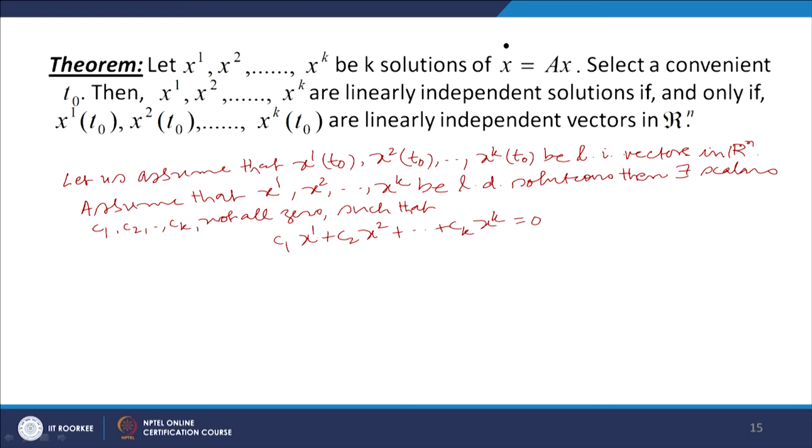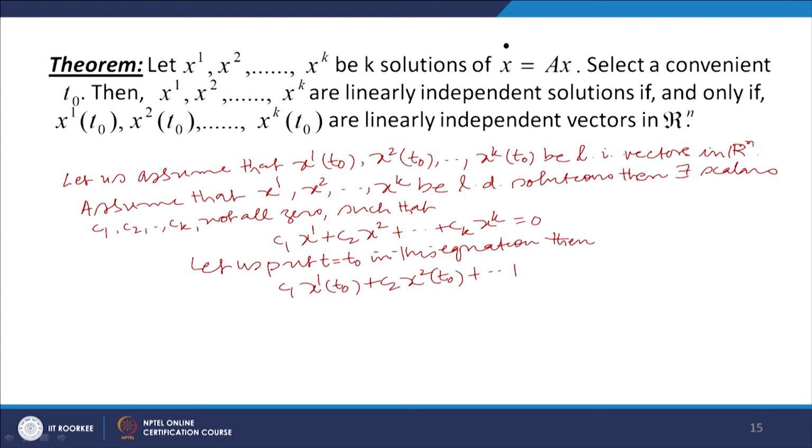Okay, C1 x1(t), x1 is a function of t, x2 is a function of t. So, C1 x1(t), C2 x2(t) and so on Ck xk(t) is equal to 0. Now, let us put t is equal to t naught in this equation.